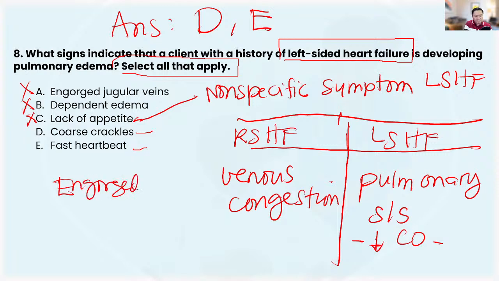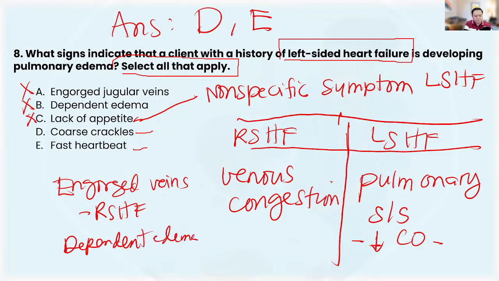Engorged veins is going to be right-sided heart failure, while the dependent edema is another sign of right-sided heart failure. Okay? All righty. Coarse crackles and fast heartbeat, those are the only manifestations that will be closely associated with left-sided heart failure. Let's move on to the next question, number 9.